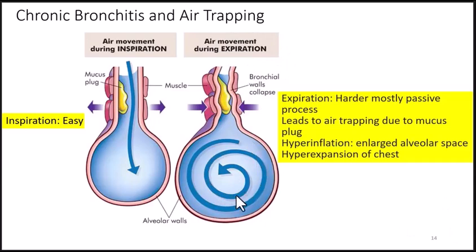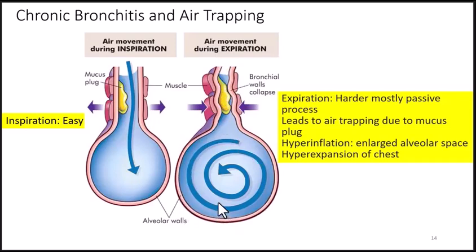And so what we can see occurring here is this hyperinflated alveoli due to air trapping. And this can lead to a chest that is hyperexpanded due to this hyperinflation. And so these people will be dependent on bronchodilators, which are inhaled in order to help keep these bronchioles dilated.